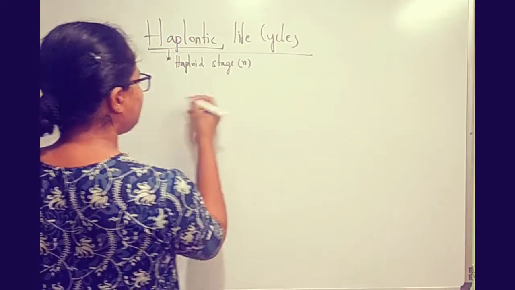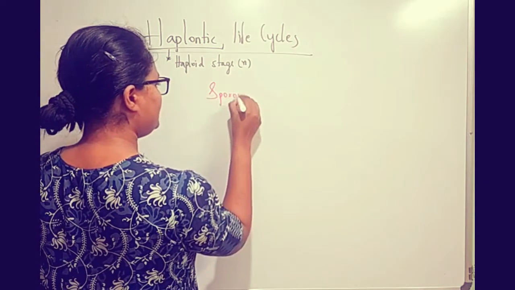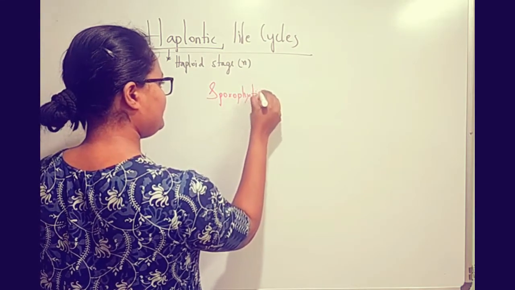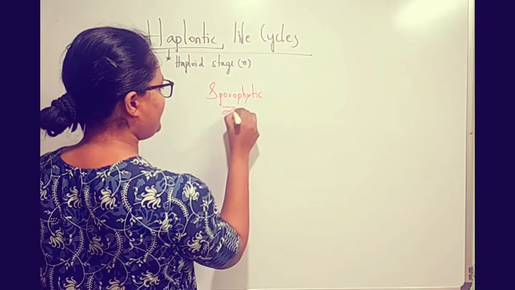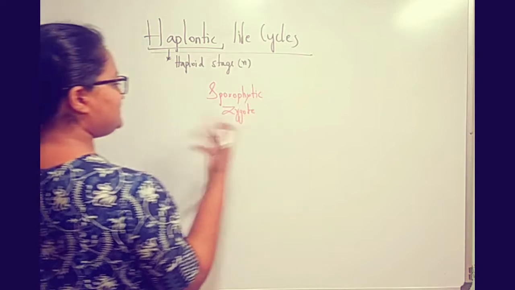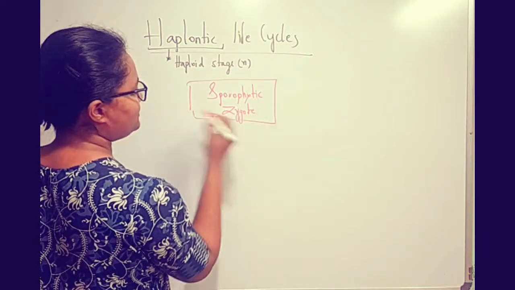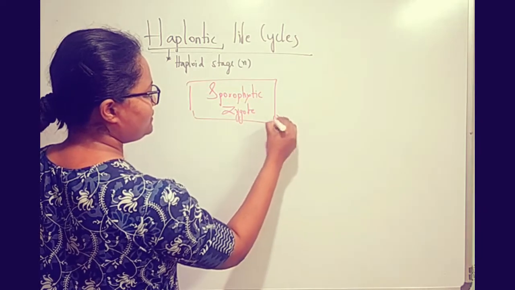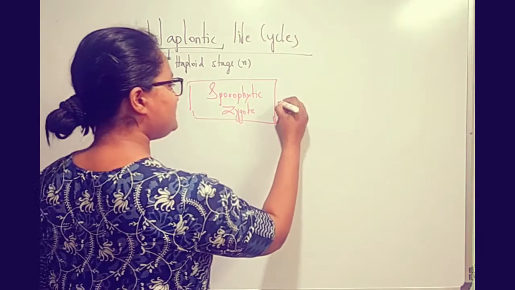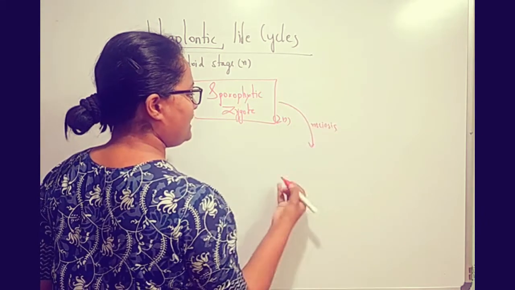So which stage does a plant always start with? Sporophytic. Okay, so we can write which stage or phase indicates the sporophyte? Our zygote, right? So 2n. What happens? This undergoes meiosis and forms what?